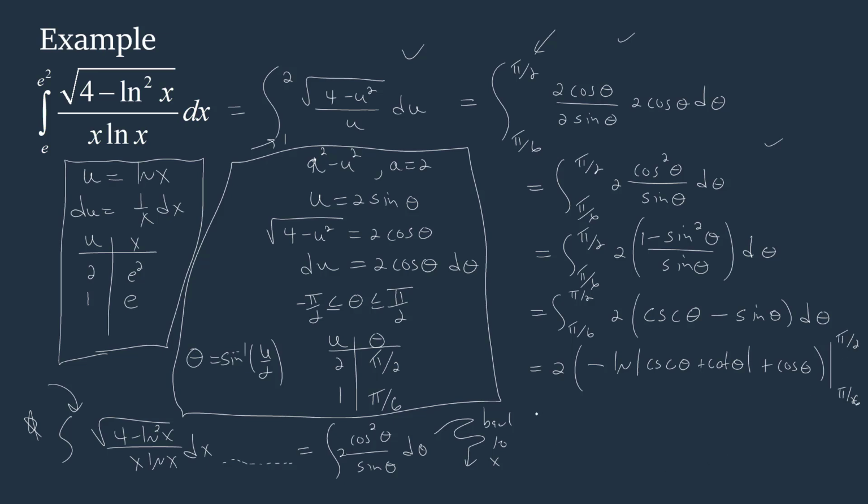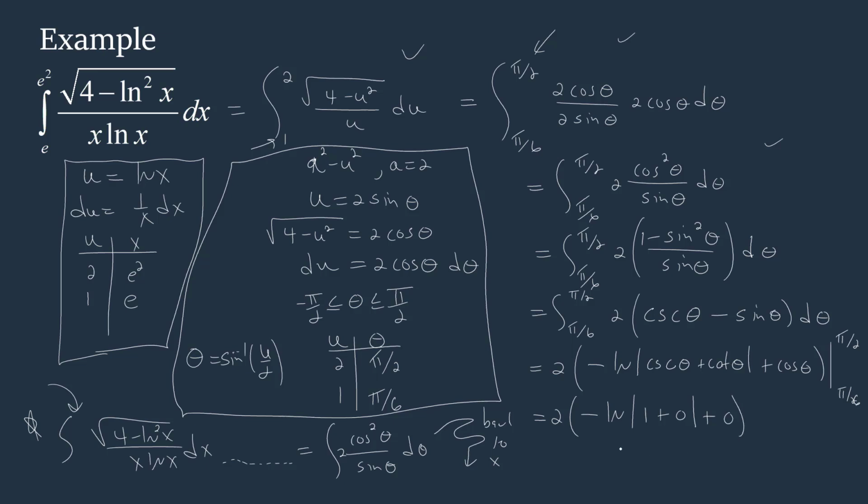Alright, so then that would be equal to, if I evaluate at pi over 2, negative natural log absolute value of cosecant of pi over 2, which is 1, plus cotangent of pi over 2, which is 0, plus cosine of pi over 2, which is 0.